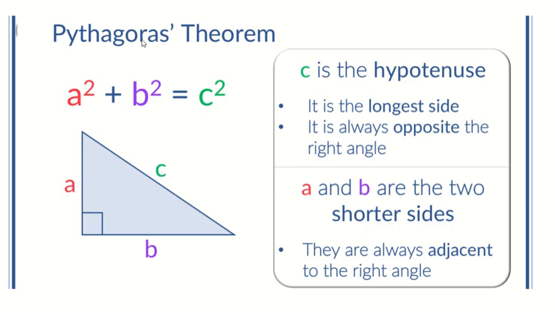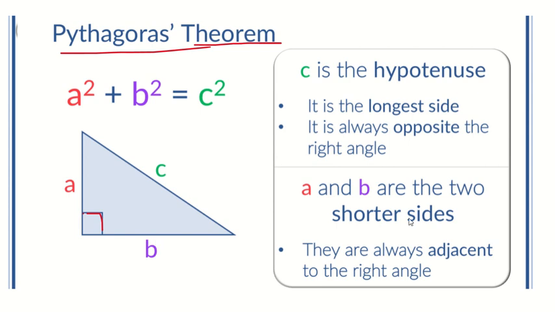Next we are going to discuss the Pythagoras theorem. What is the Pythagoras theorem? This theorem is specially meant for right angle triangles. When the triangle is a right angle triangle, it shows the relationship between the sides. Wherever the right triangle is there, the side opposite the right angle is called the hypotenuse.